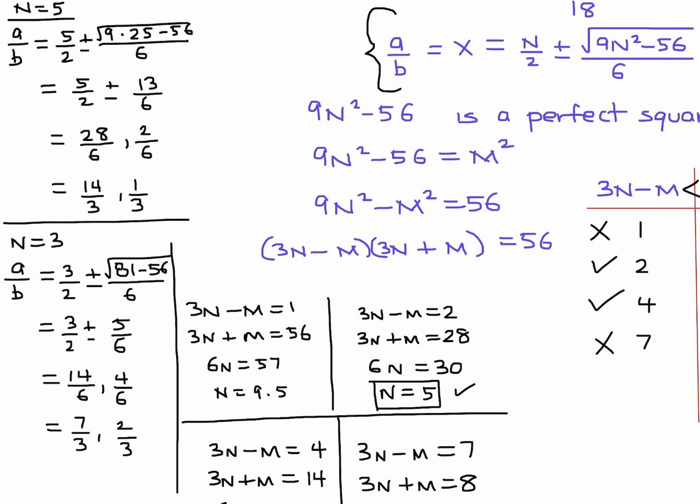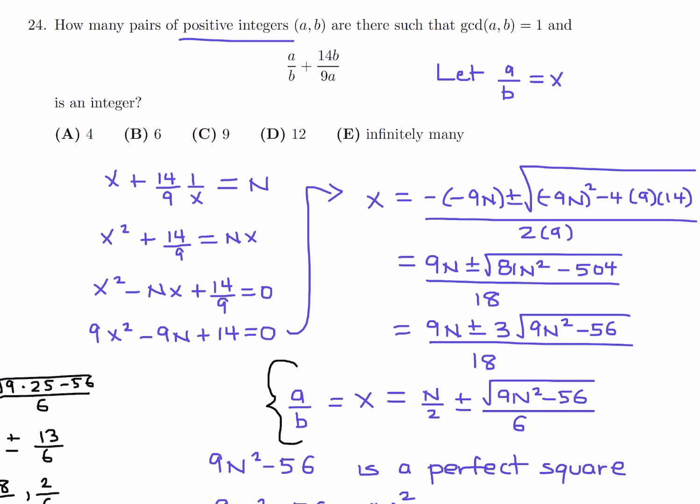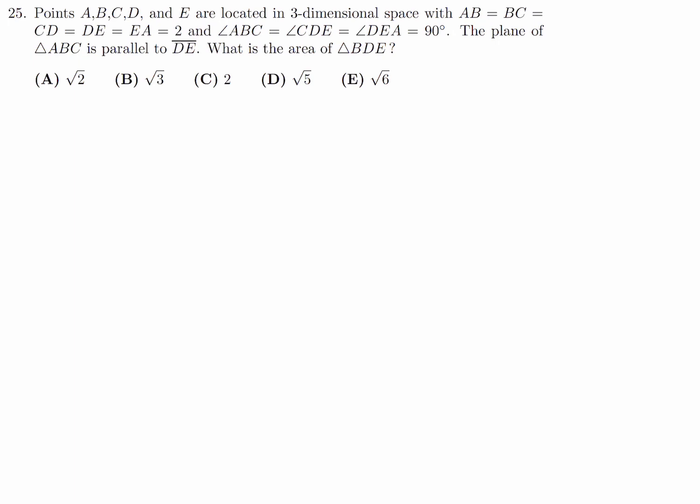So the number of possible values for a over b, I got 14 over 3, 1 over 3, 7 over 3, and 2 over 3. So I got 4 possible values, 4 possible pairs. And therefore, number 24, the answer is 8.